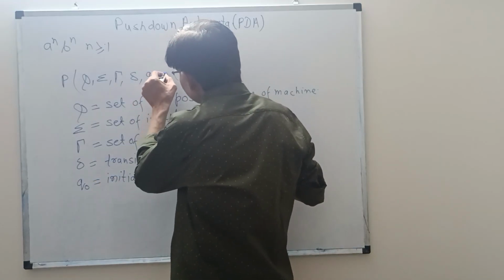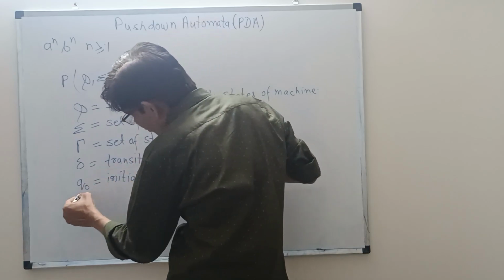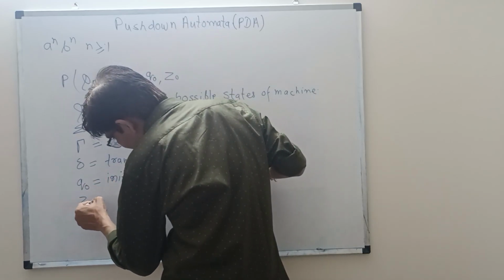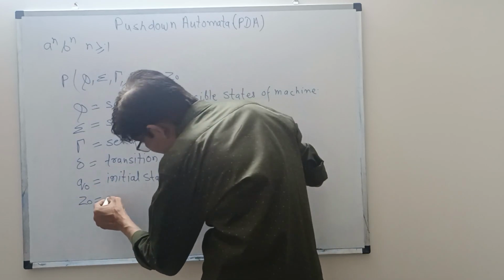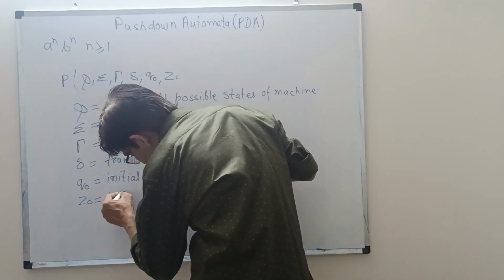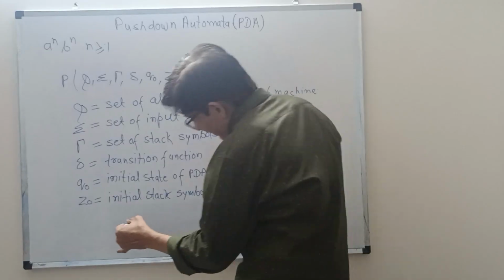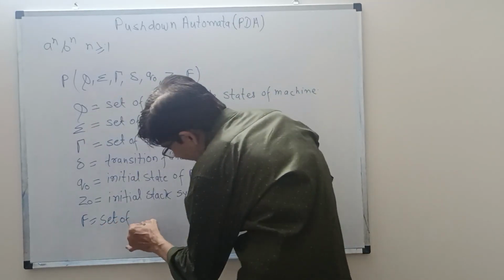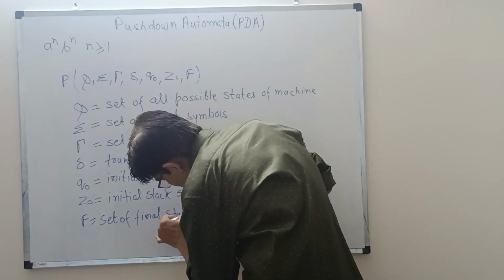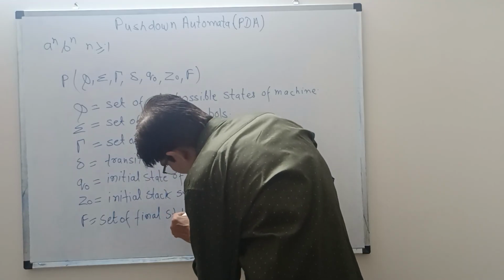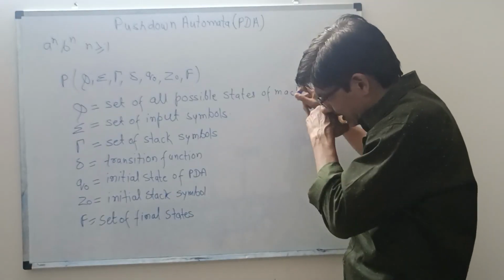Then next is Z0. Like Q0, this is also a single symbol, which is the initial stack symbol. Then next is F. F is the set of final states of the machine. So in a PDA also, you can have more than one final state.